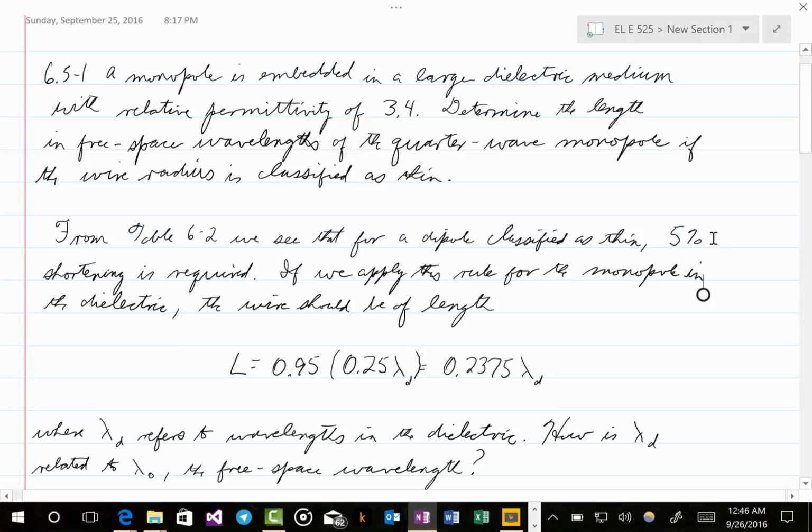A different amount of shortening would be required for very thin or for thick antennas, but for one that's classified as thin, the amount of shortening required is 5%.